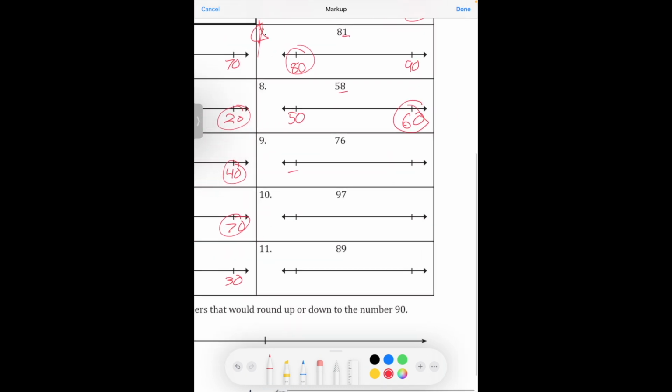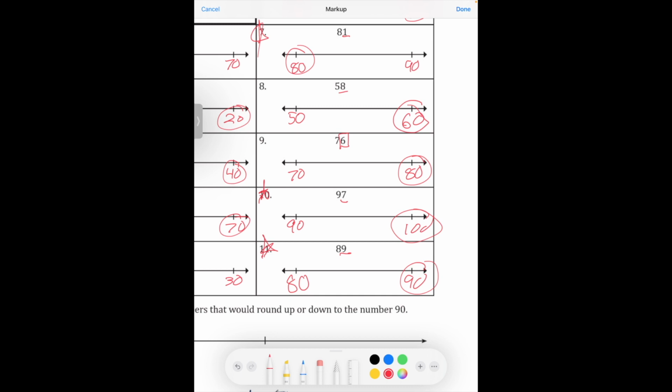And 76, it's either 70 or 80. 5 and above, give it a shove. 97 would either be 90 or 100. Well, 5 and above, give it a shove. Last one there until we do the bonus. 80 or 90, 5 and above, give it a shove.